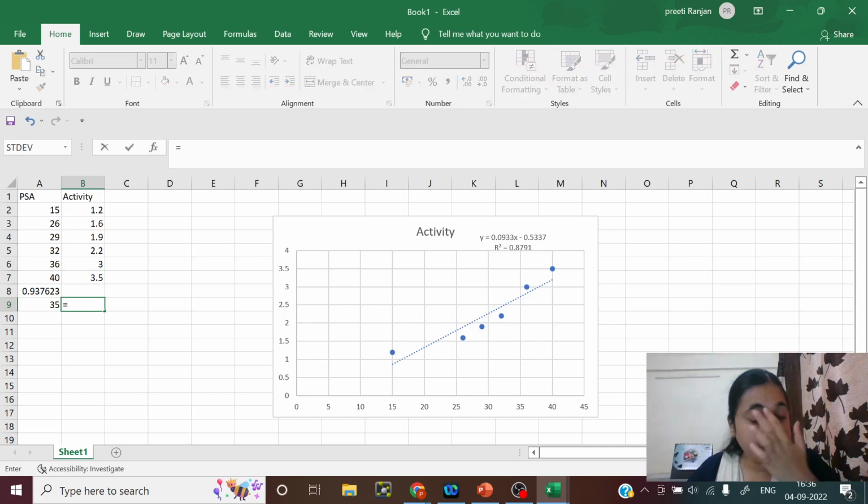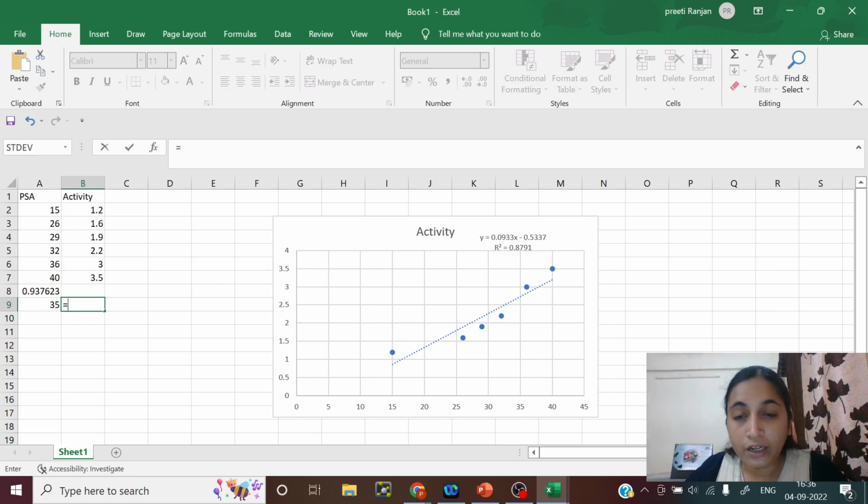So how we will calculate? So here this will be x, so this will be y, right? So we want to calculate activity y, right? This polar surface area value is given in x-axis and this activity value is given in y-axis. And in question 9, it's given the polar surface area. It means the x-axis value is given and we have to calculate activity like y-axis value.